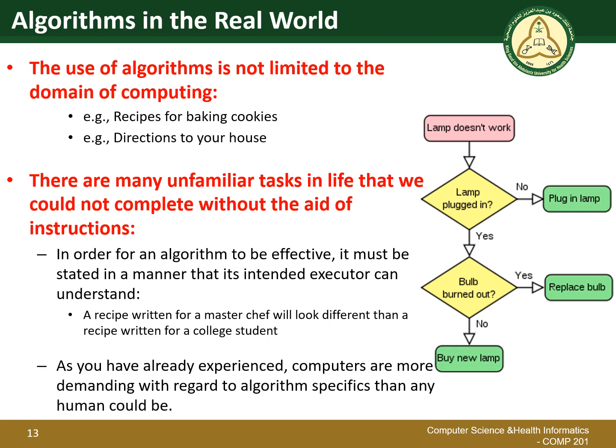For example, a recipe written for a master chef will look different than a recipe written for a college student. هذا example عندنا لو فكرنا فيه من ناحية ال correctness. مثلا ال recipe for cooking cookies, good cookies are enough for a student, but not enough for a chef. ومن ناحية أخرى ما حنقدر نكتب tools or ingredients غير متوفرة عادة، وبتحتاج مثلا من الطالب إلى وقت ومجهود عشان يوفرها، لكنها بتكون عادة موجودة عند الشيف لأنه هو يهمه في النهاية الكواليتي.